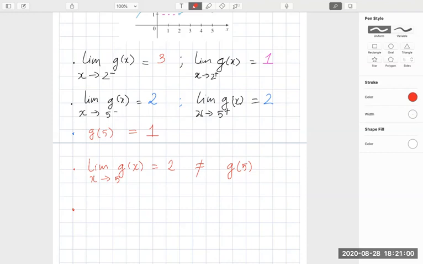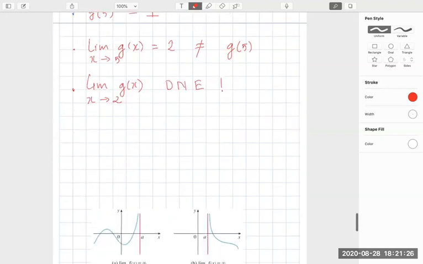This is 1. These two are different. Therefore, the limit of g of x when x approaches 2 does not exist. Be careful. Okay, very good. So this is a concept.